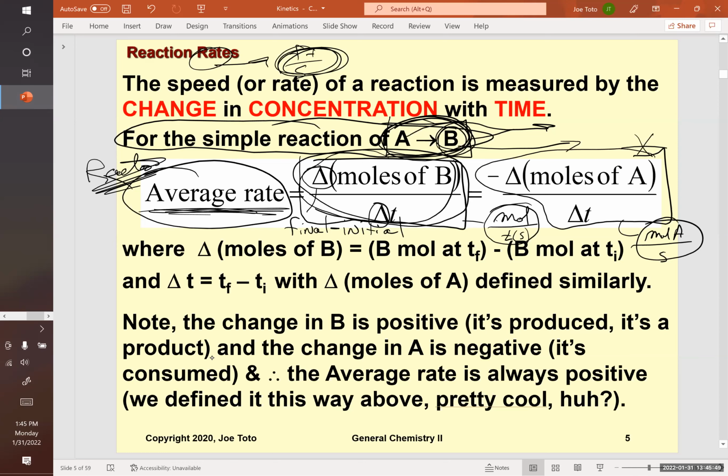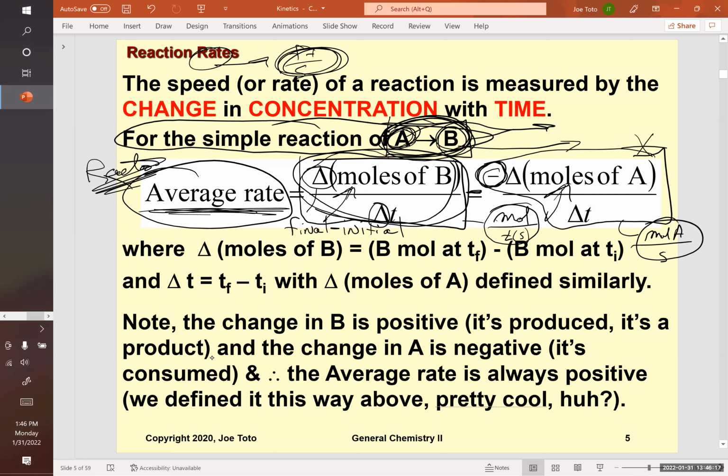Okay, now these guys are related to each other because for each mole of A that I use, I create 1 mole of B. So as this is increasing in time, this is decreasing in time because of the final minus initial, which is why I have to put a negative sign out here if I'm going to make them equal.